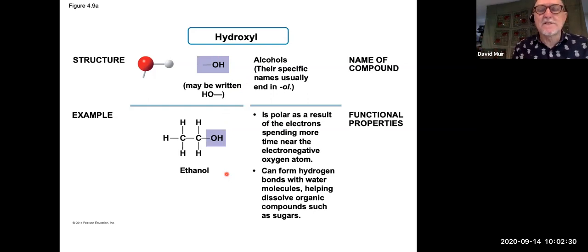Typically, we see it in sugars, but also in things like alcohols. Here is an alcohol with its OH group there, and because it's negatively charged, it imparts a polar nature to the molecule. So anything with the OH, you can expect it to be able to participate in hydrogen bonding quite easily.